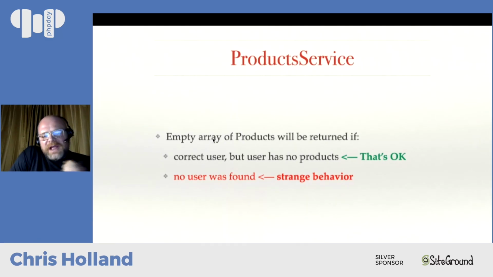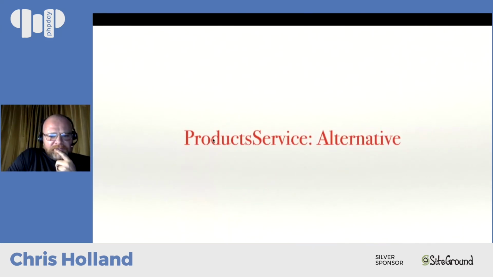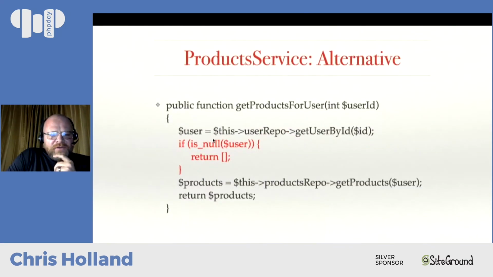So now if I wanted to address this strange behavior, if I want the service to handle this special case, here's a possible alternative. Instead of returning an empty array, I could return -1.